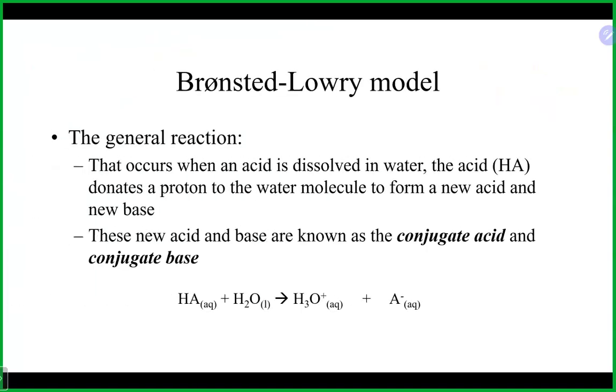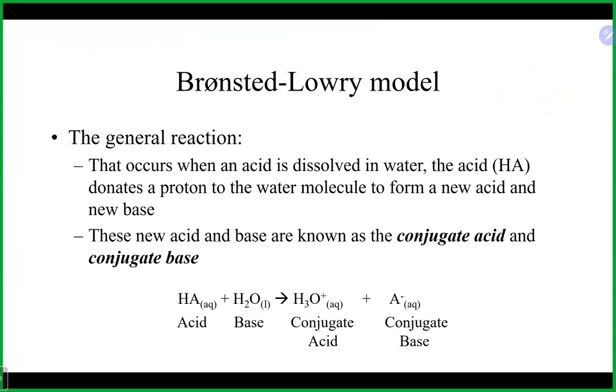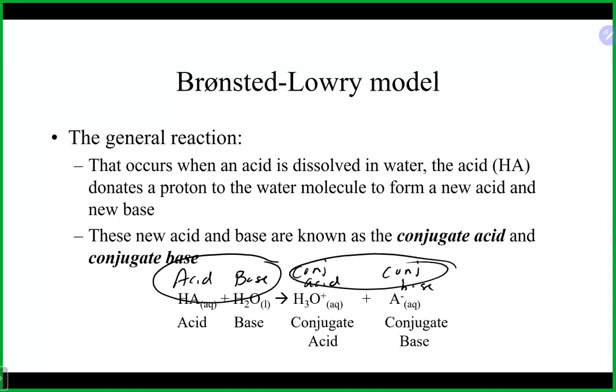So as I mentioned with our previous example, we do create these pairs on the other side of the arrow. And again, acid on one side, base on the same side, and then our conjugate partners, conjugate acid and conjugate base. By the way, you always find it this way: regular old acids and bases on the left-hand side of the arrow, conjugate partners on the right-hand side of the arrow.